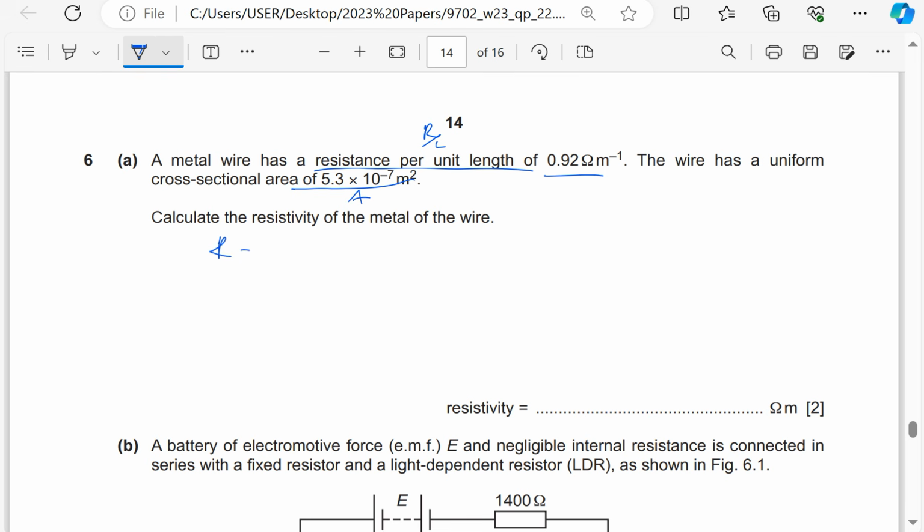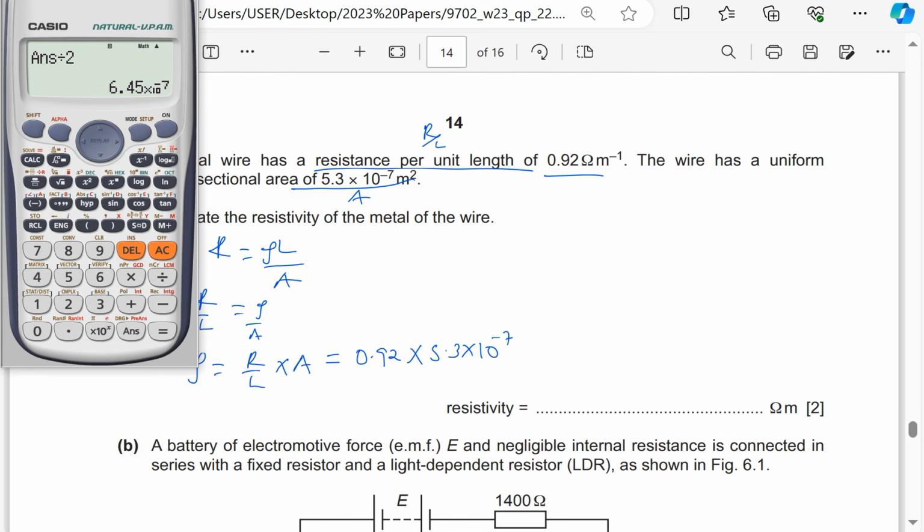So we know that resistance is equal to rho L over A, and we have R over L equal to rho over A. So rho is going to be R over L times A, because they've given us R over L. That is 0.92 times the cross-sectional area, which is 5.3 times 10 to the power of minus 7.